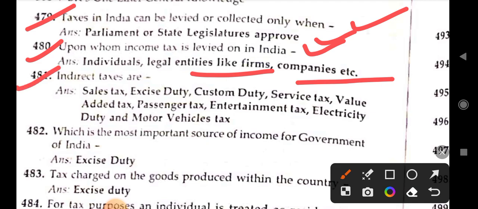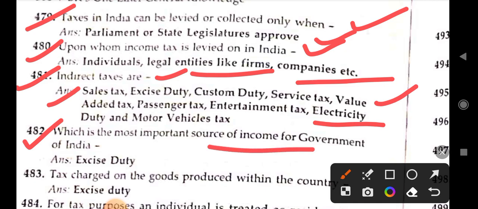Indirect taxes are sales tax, excise duty, custom duty, service tax, value added tax, passenger tax, entertainment tax, electricity duty, motor vehicle tax, etc. Which is the most important source of income for the government of India? Excise duty.